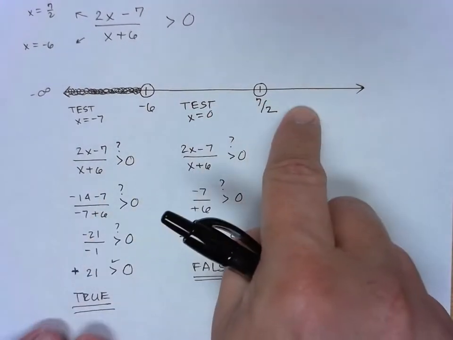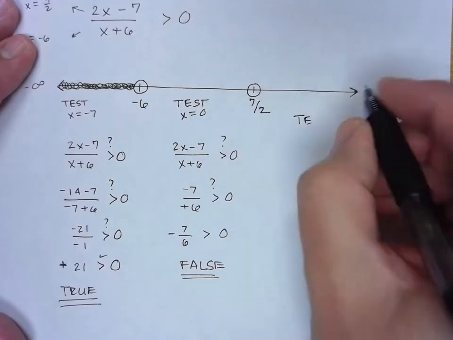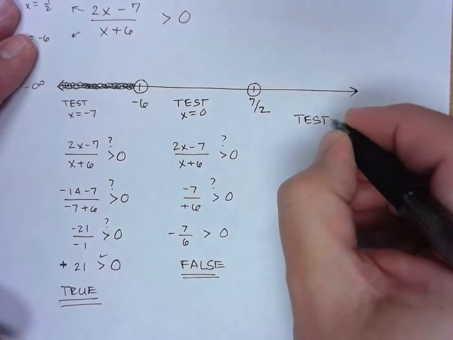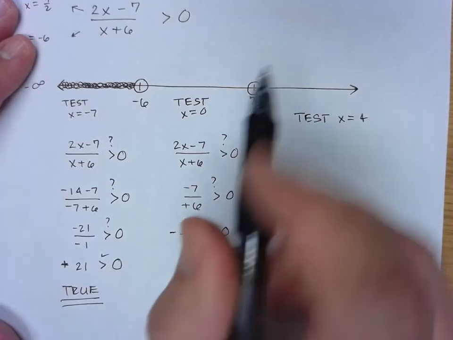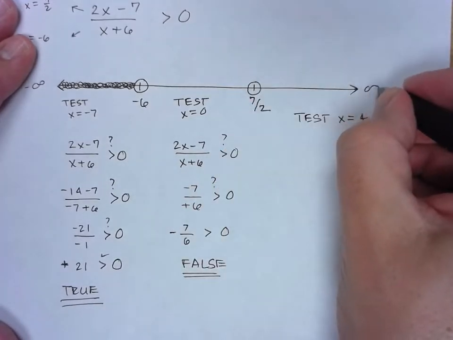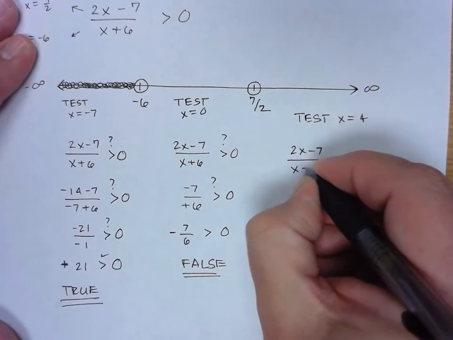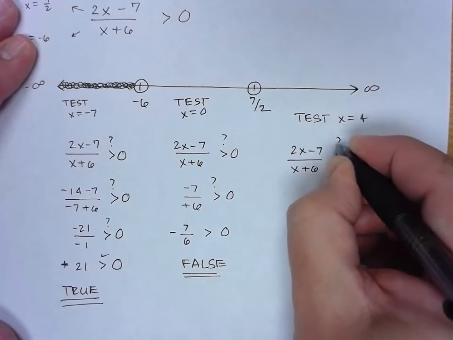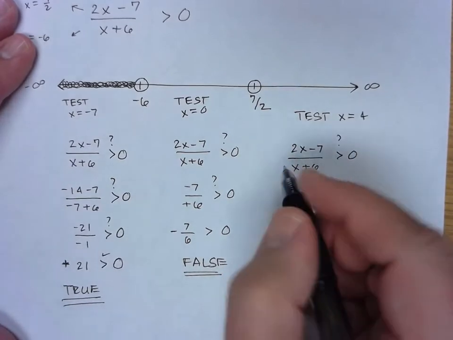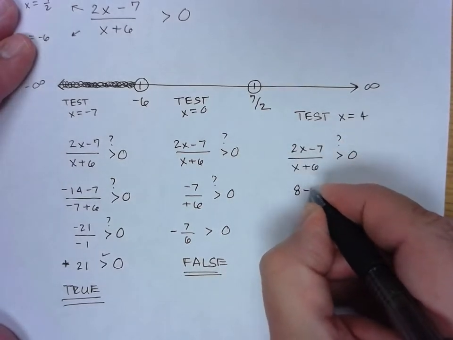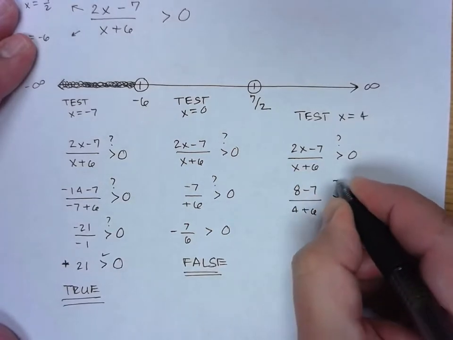And since this is 3.5, I'll just go ahead and test x equals 4. That's a number that's in that interval from 7/2 all the way to infinity. So plug that into a fresh copy of your inequality to check for greater than 0. All the x's become 4's, so that means I have 8 minus 7 up top over 4 plus 6 in the bottom.